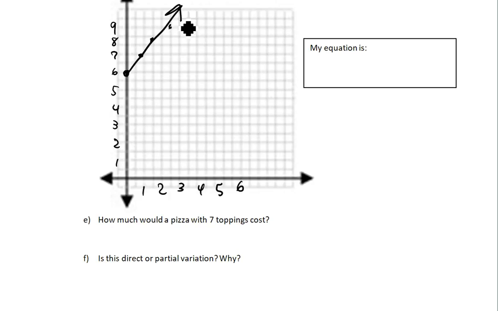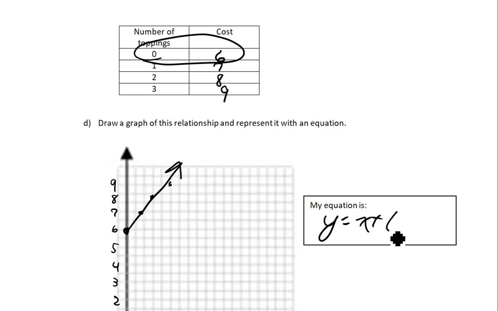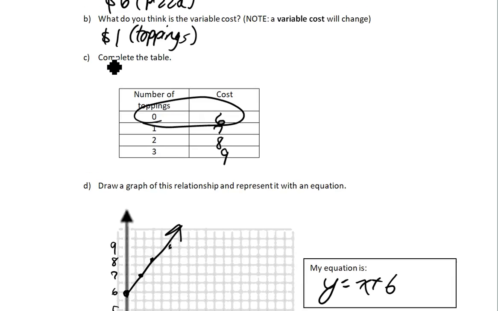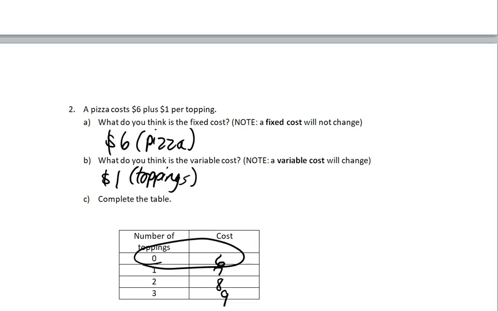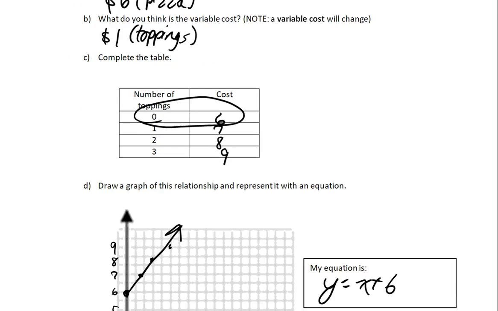In this case, again, if we look at our equation, we're going up by 1 every time, but our value of y when x is 0 is 6. Or if we look, our y-intercept is 6. So we're going to get 1x, or x, plus 6. Notice that our variable cost, 1, went with the x, and our fixed cost, the $6 for the pizza, came after.